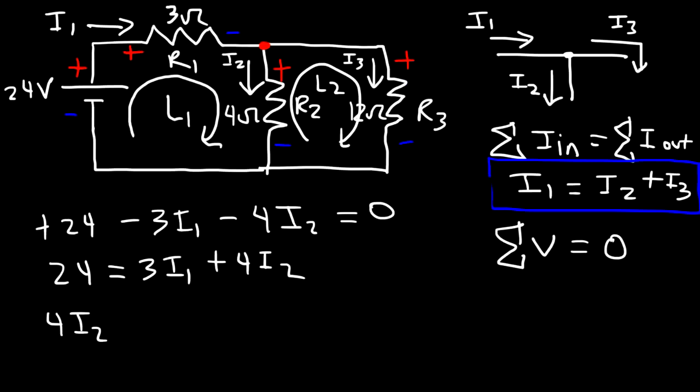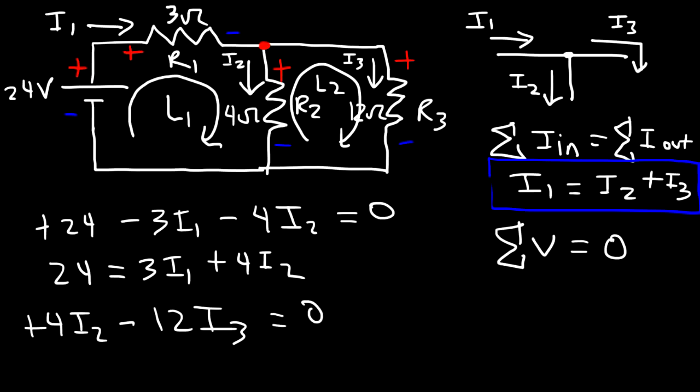So we're going towards the negative sign. We're going from positive to negative. So that's going to be a voltage drop. So the current is I3, the resistance is 12. So that's going to be 12I3. And so we have a negative sign for a voltage drop, but a positive sign for a voltage lift. And this is equal to 0.